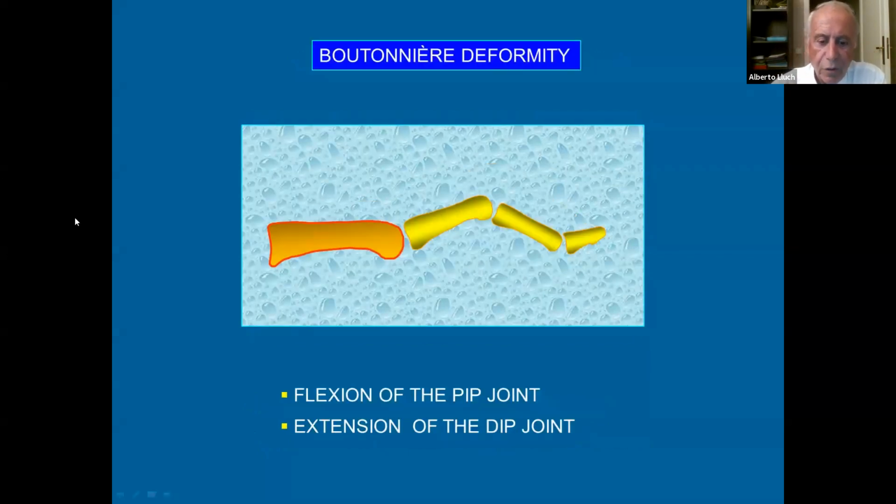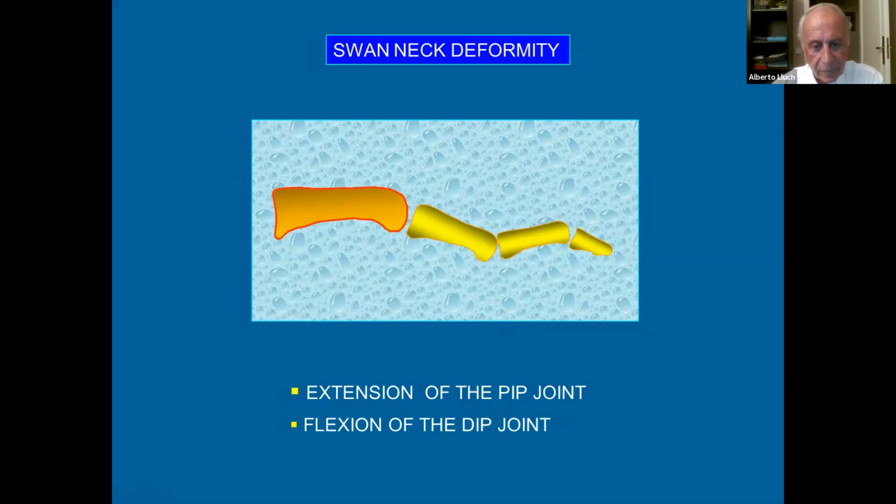A boutonniere deformity is a flexion of the PIP joint and an extension of the DIP joint, which is completely abnormal on a normal anatomical basis. Swan neck deformity is the reverse of a boutonniere deformity: extension of the PIP joint and flexion of the DIP joint.